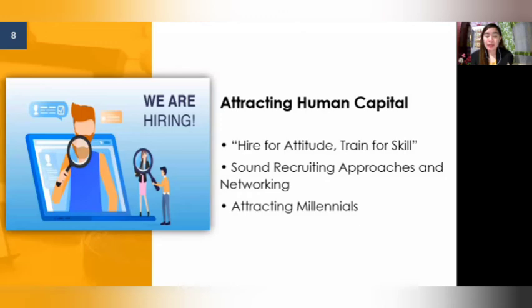Attracting human capital includes recruiting or hiring, and in what ways they're going to attract their human resources depends on the firm's strategy. Here we have hire for attitude, train for skills, sound recruiting approaches and networking, and attracting millennials, those who are in need of jobs.